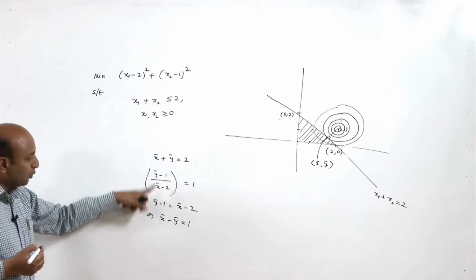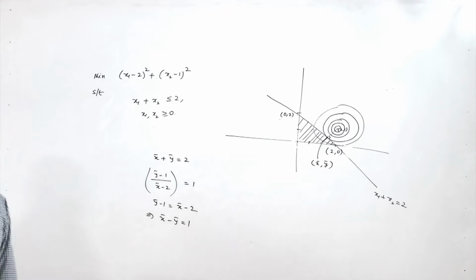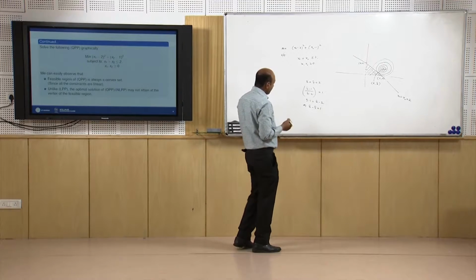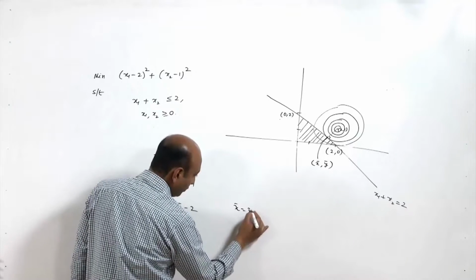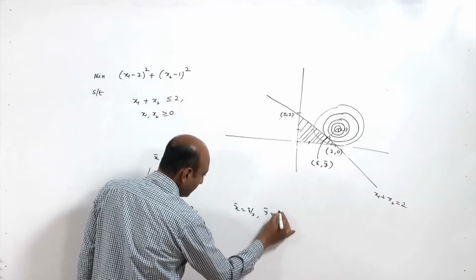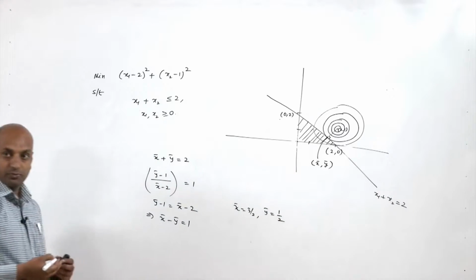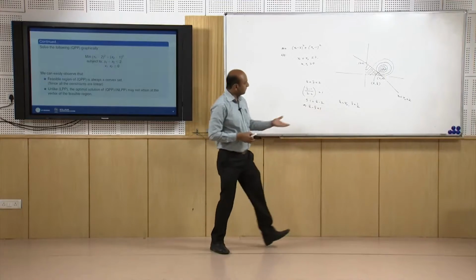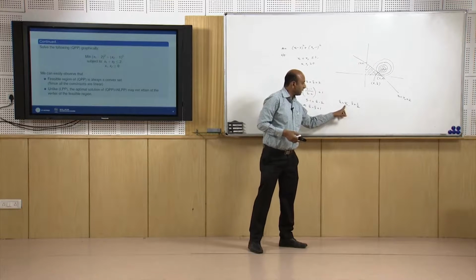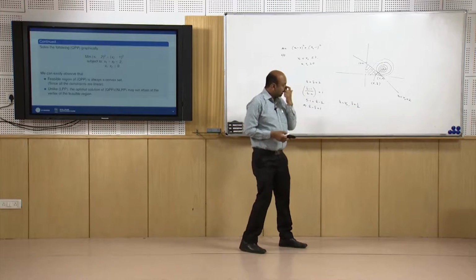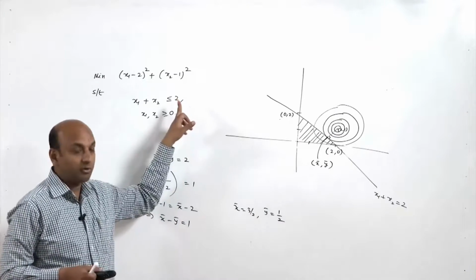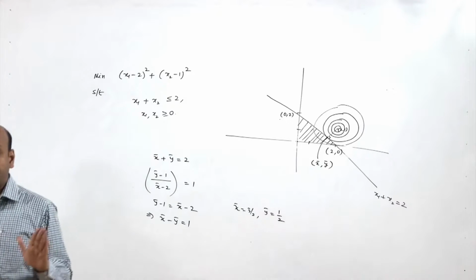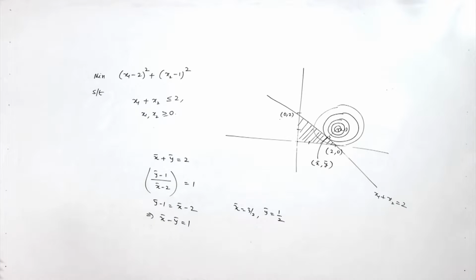Now, from these two equations we can easily get x bar and y bar. So, what are the values of x bar and y bar? When you add them, you will get x bar as 3 by 2 and y bar as 1 by 2. So, this is the optimal point, x bar 3 by 2, y bar 1 by 2. That means x1 equals 3 by 2 and x2 equals 1 by 2 will be the optimal solution of this quadratic programming problem.